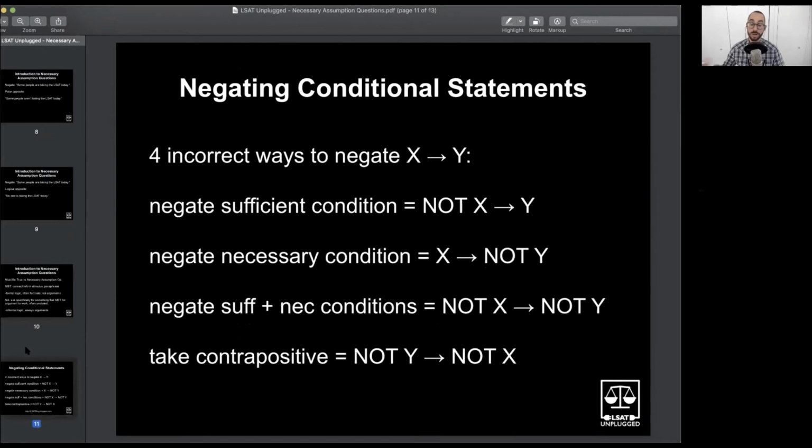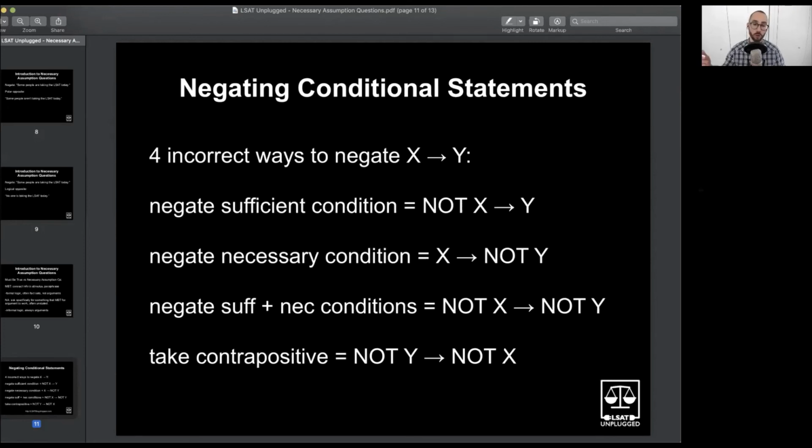Now, negating. We did some simple negations with simple sentences, like some people are taking the LSAT and all people are standing, but conditional statements, negating those is a bit trickier. And so I've put together here some slides about that. So negating a conditional, if your conditional was X requires Y, some incorrect ways you might go about negating it: negating the sufficient condition only, negating the necessary condition, negating both the necessary and the sufficient, or simply taking the contrapositive.